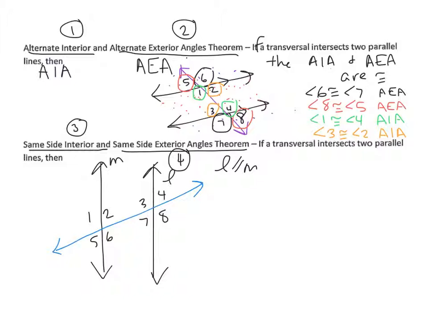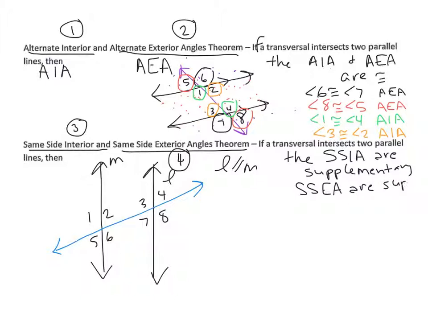So same side interior and same side exterior angles. If a transversal intersects two parallel lines, that's what I have, then the same side interior angles are supplementary. Supplementary adds up to 180. And the same side exterior angles are also supplementary.